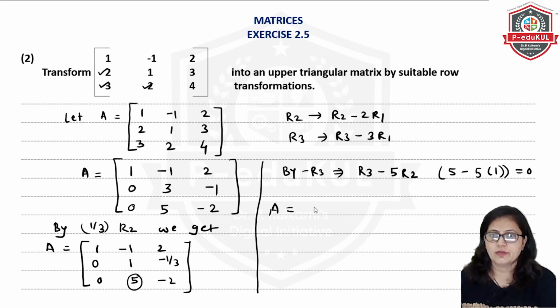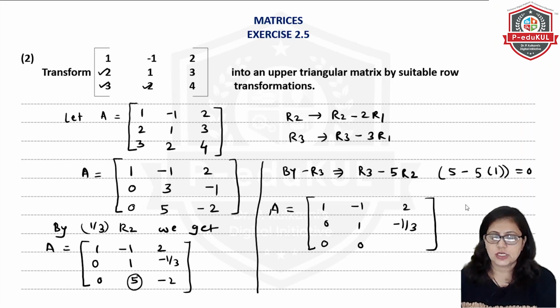Again my R1 and R2 are not going to change, so I'll write those as they are. It is always better that you write these elements first and then go for the calculation. So now 0 minus 5 times 0 will be 0 only. 5 minus 5 times 1 will be 0.